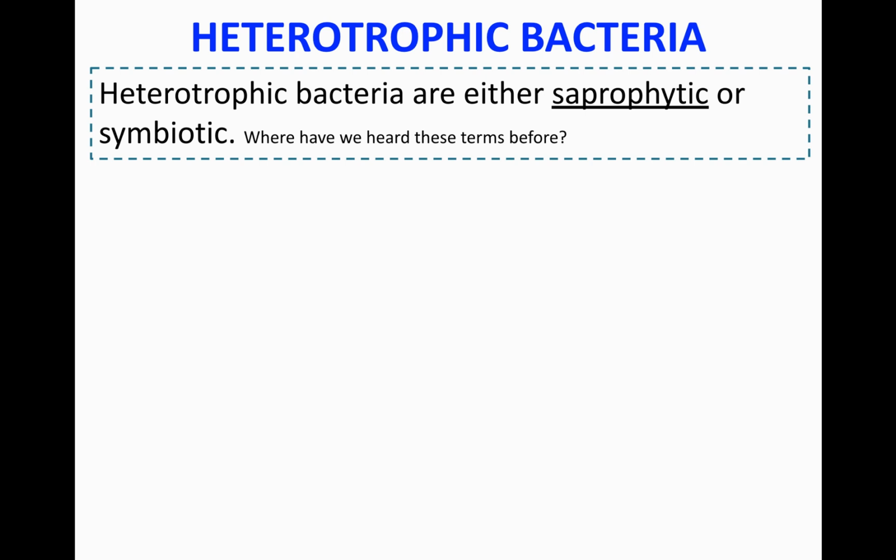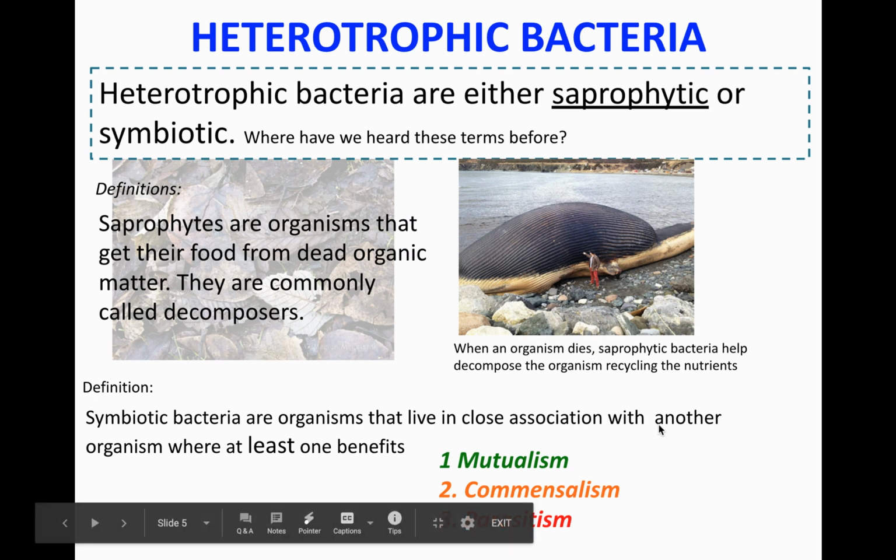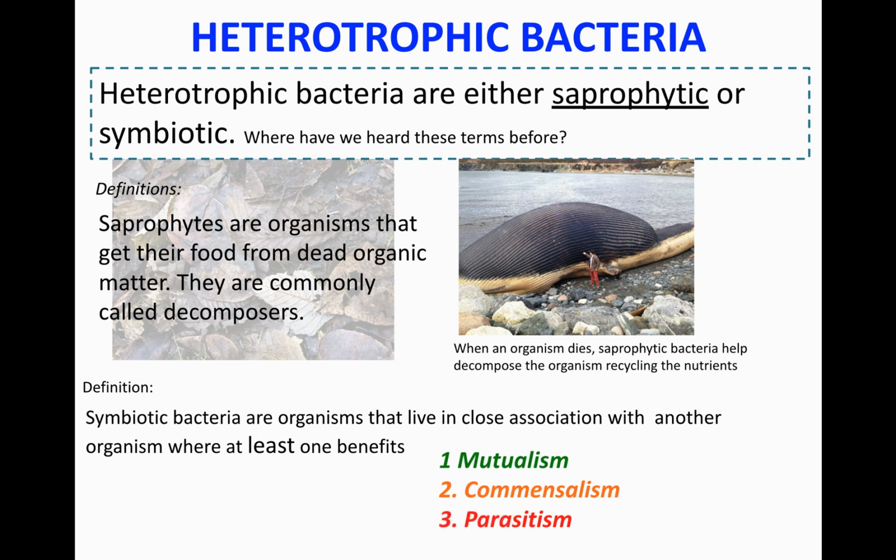We also have the symbiotic bacteria. And symbiotic bacteria are organisms that will live in close association with other organisms under three different relationships. So, bacteria could live in a relationship which is mutualistic, and that means that both organisms actually benefit from that relationship.